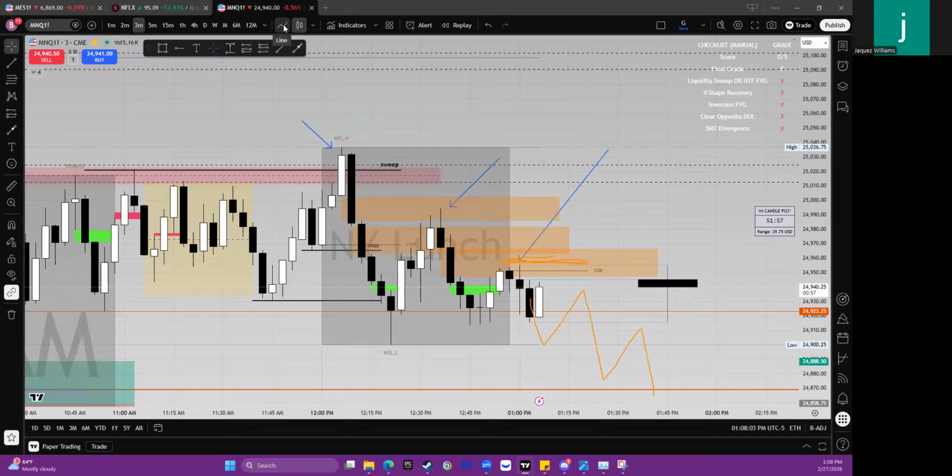That's the most important thing to understand, because everything else comes together when you understand market structure, because liquidity is a part of market structure. Without understanding market structure, you really can't understand anything else. But if you had no strategy at all, you should at least be able to come to the chart and tell if we are bullish or bearish.